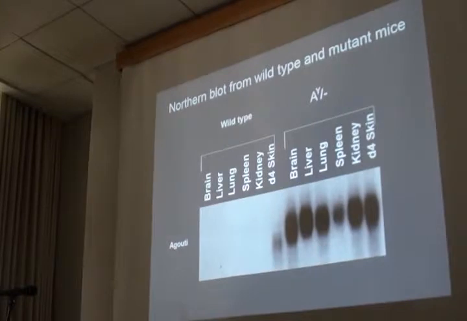And when we did a northern blot, we found agouti not expressed anywhere in the wild type mice, except this little bit that's smaller, and it's only in the day 4 skin, okay? But in our AY mice, we see it expressed at really high levels in all tissues.